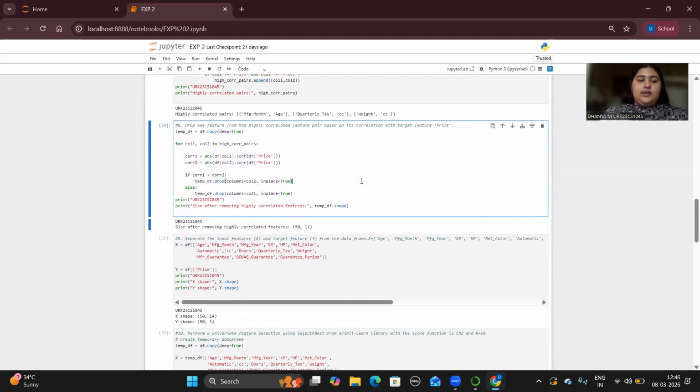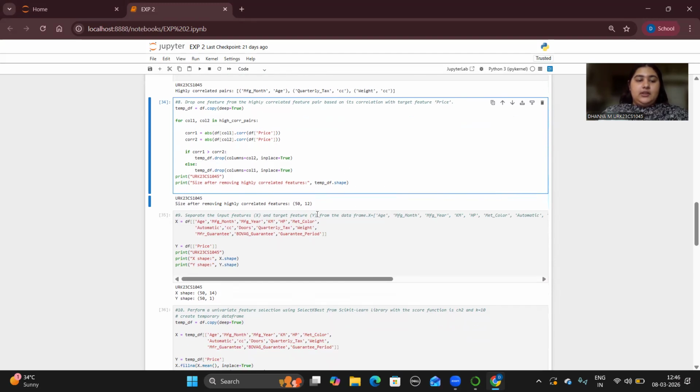And for the eighth question, from each pair of highly correlated features, one feature is retained. The decision is based on which feature has a strong relationship with the target variable price. The feature with a weak correlation to price is removed. This helps reduce redundancy while keeping the most informative feature.